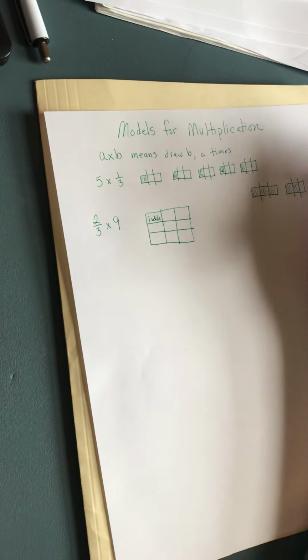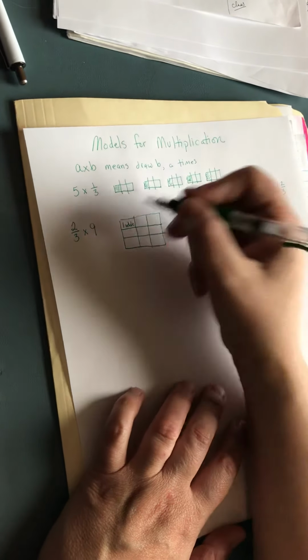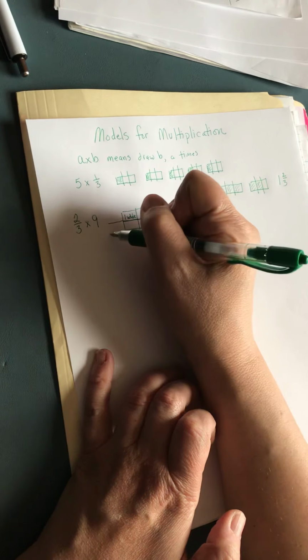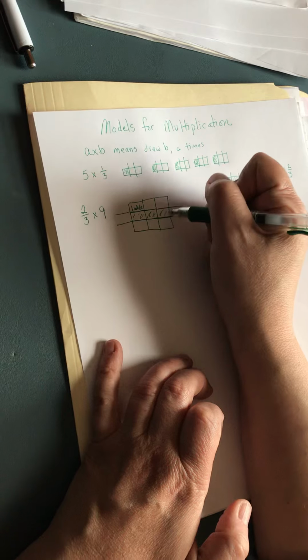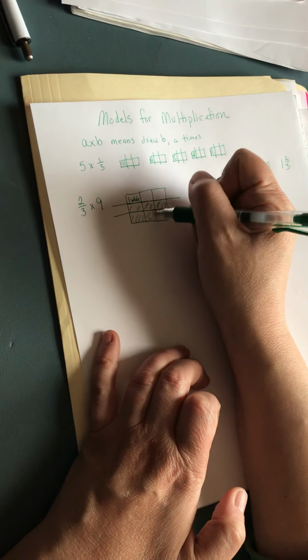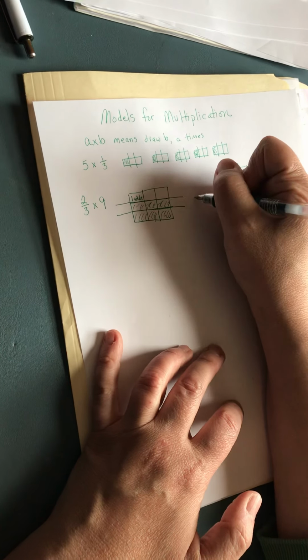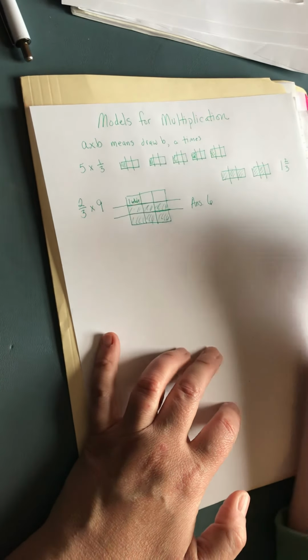We learned last week how important that is. Now, if I want 2/3 of 9, I can divide this up into thirds, and here are 2 of them. There are 2 of my thirds, and if each square is a whole, then I have 6 wholes. So my answer is 6.